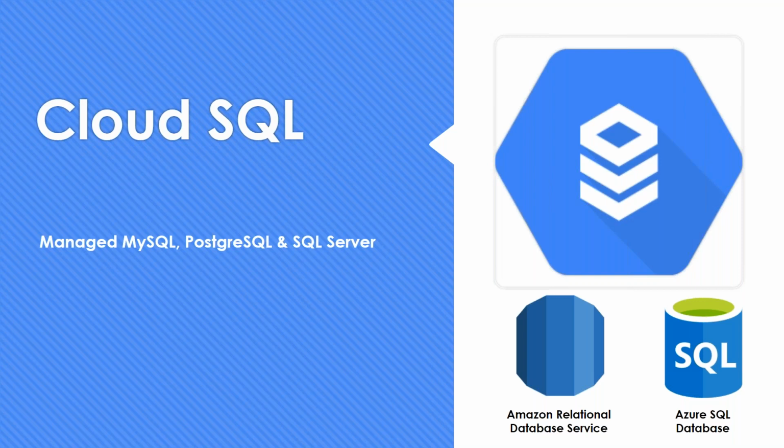Very, very simple. They will take care of patching, upgrading, all those things by themselves, by Google, the cloud provider. So you have an equivalent of this in other clouds also. In AWS it is called RDS, Relational Database Service. In Azure it is called SQL Database, basically.